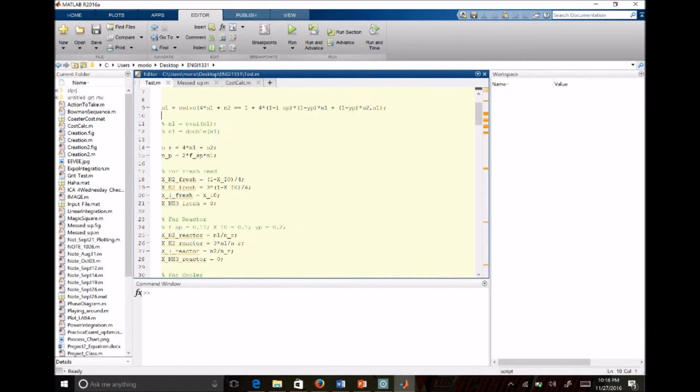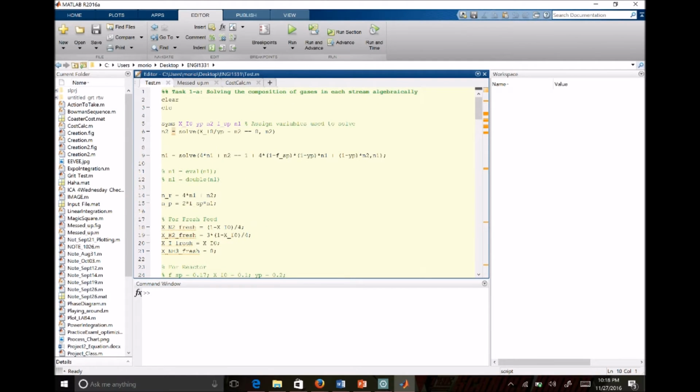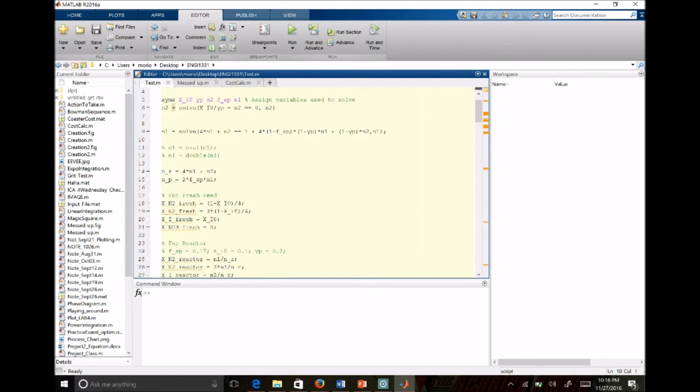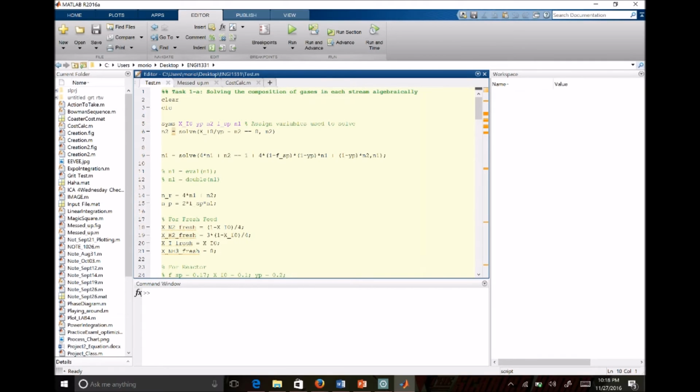Looks like I have MATLAB pulled up, and I can tell you that this code is to solve the first task, solving the composition of the gases algebraically. So I use the solve function. I say what the variables are in this case, and then I tell it to solve this for me.